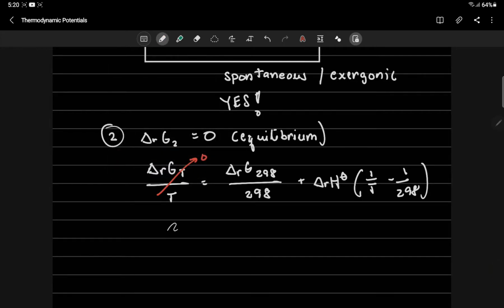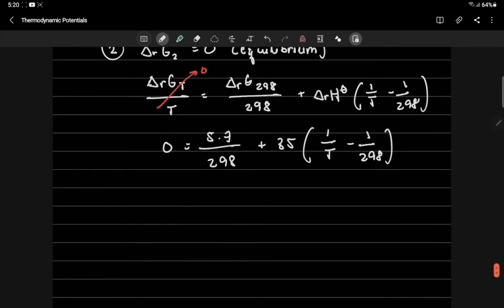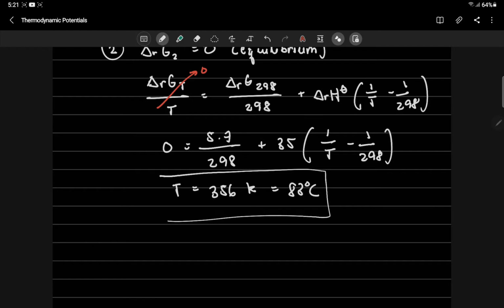So, 0 equals 5.7 divided by 298 plus 35 times 1 over T, we're looking for T, minus 1 over 298. Therefore, T, you can calculate that from this equation, and that will be equal to 356 Kelvin, which is equivalent to 83 degrees Celsius. Ibig sabihin yan, 83 degrees Celsius pa lang yung tubig mo ay pwede nang tumigas yung albumin sa itlog.